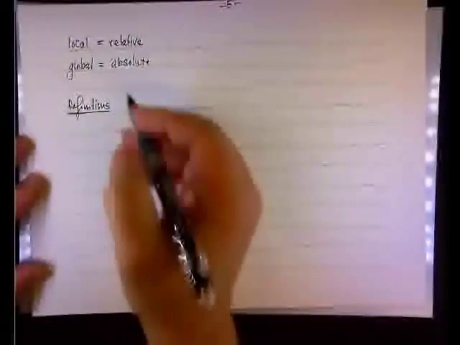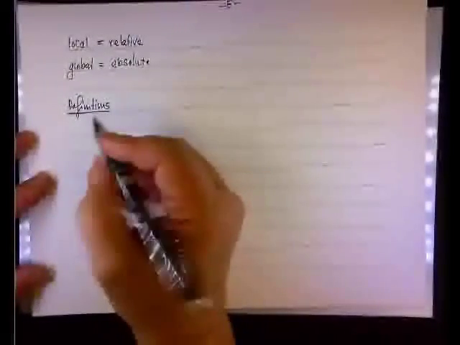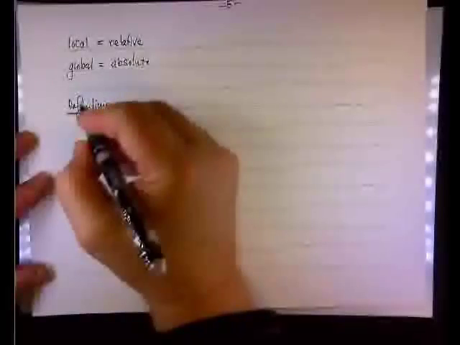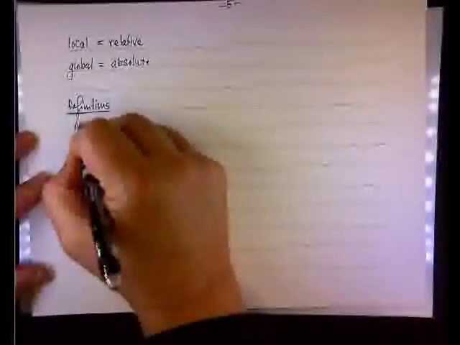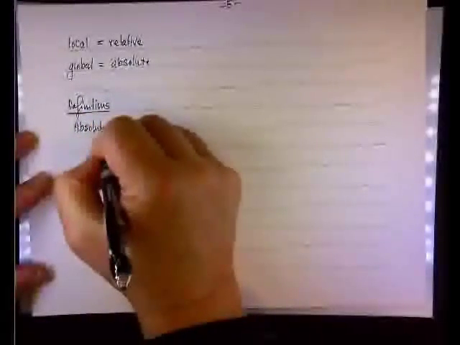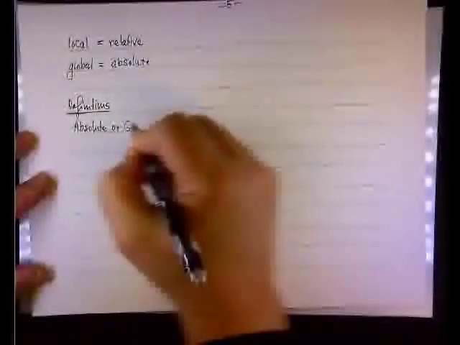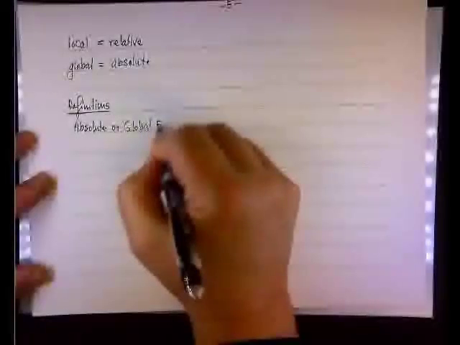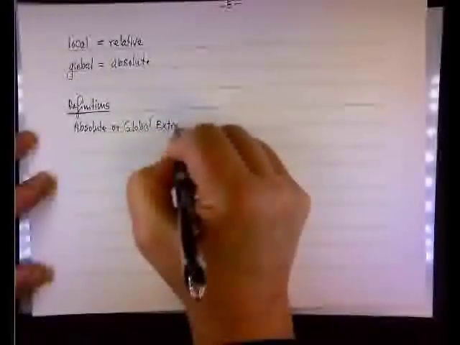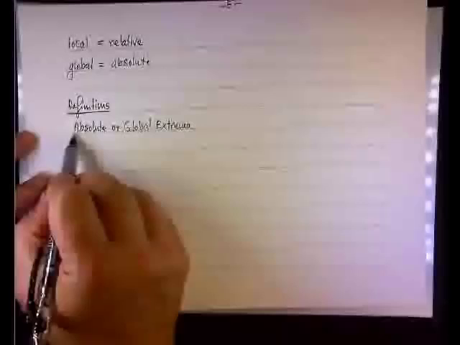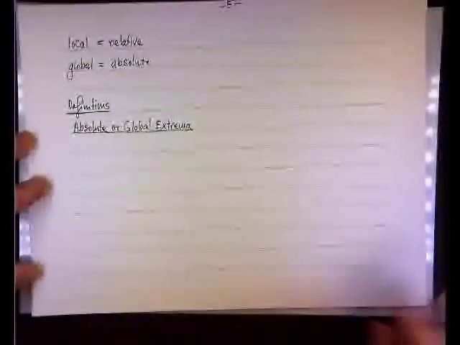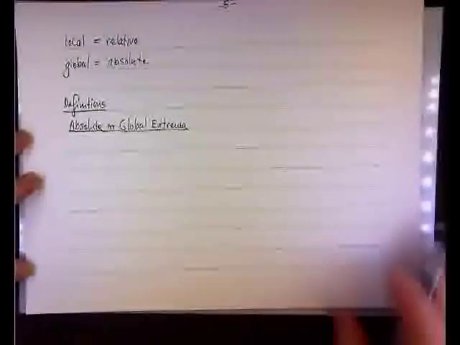So let's write some definitions. Let's start with absolute or global extremum or extrema. Here we have a definition for maximum and a definition for minimum.